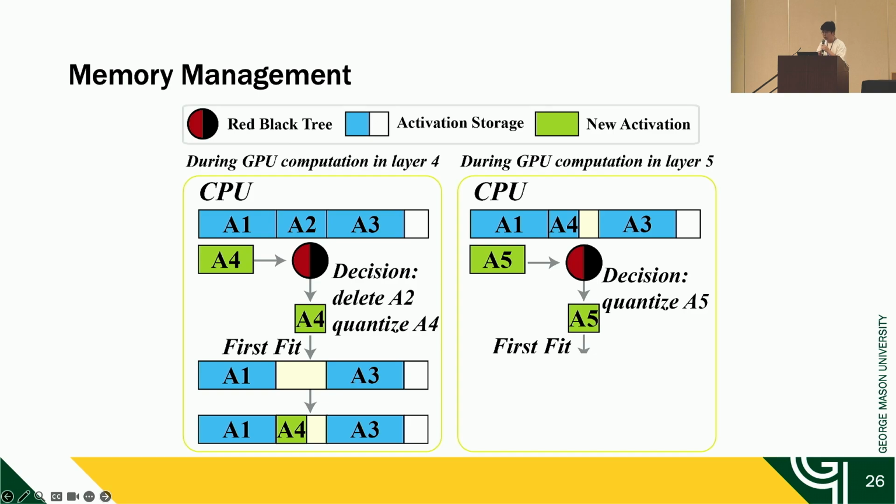Although the total memory space is sufficient, A5 cannot be stored due to the memory fragmentation. To solve this, we store activations in pages, allowing tensors to be split and stored into non-contiguous memory regions. You can find the full details in our paper.